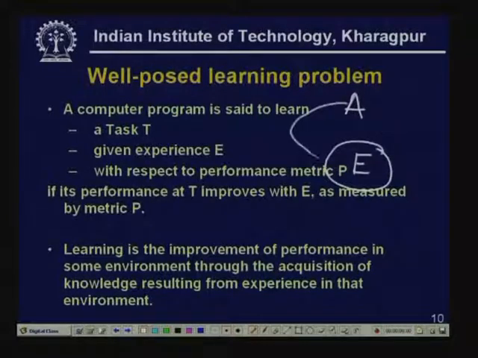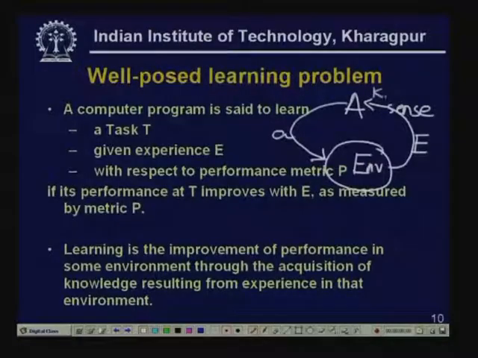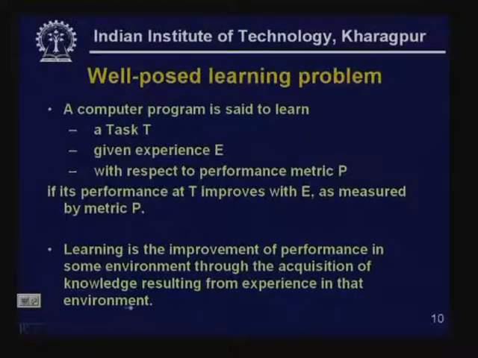The agent takes action which changes the environment, and the agent can sense the environment. So, this is the environment. The agent gets experience, a set of sensory output, etc. So, the agent gets experience by interacting with the environment, and this results in acquisition of some knowledge, and using this knowledge the agent can actually improve its performance in certain tasks. So, this is the formal definition of learning.